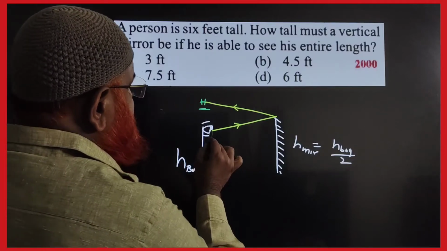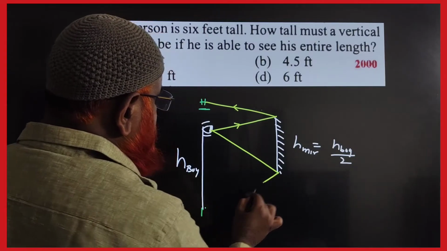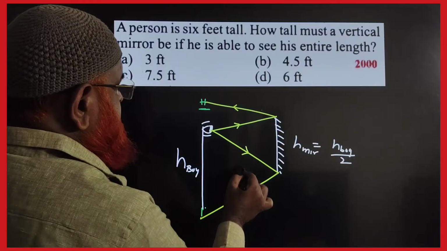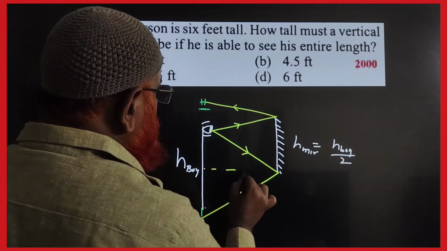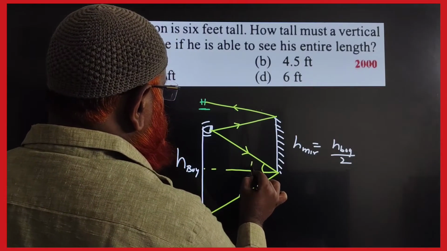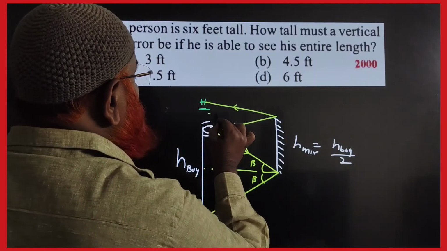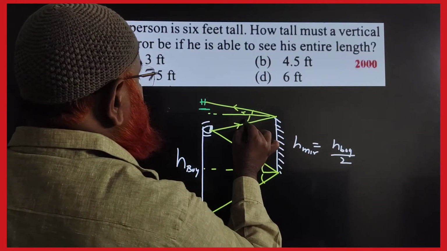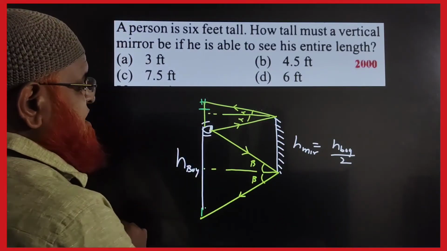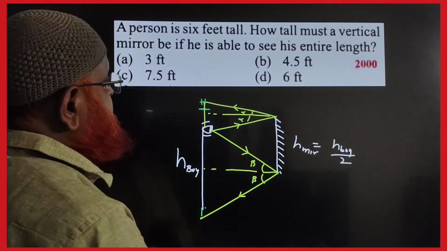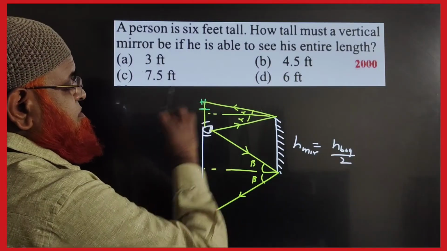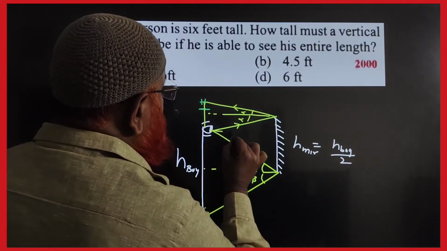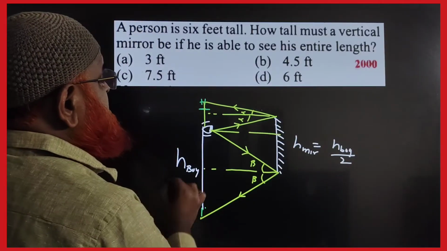He sees the down part of the mirror. It gets reflected like this. This is going to be the bisector. Let us take this as beta and beta. And if you draw a bisector here, it is alpha and alpha. So what is the meaning here? Both angles are the same, which means this is also the same. So put a dotted line here. So what is happening here?